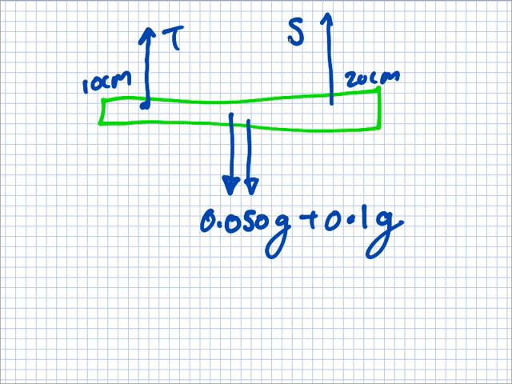Yes? I wasn't streaming. I was trying to. I finished the breakdown. Oh, okay. This is number 5. Yeah. So, what can I say T plus F must equal? 0.050 G plus that one, so that'd be 0.15 G.